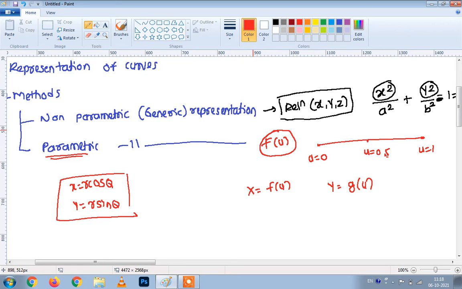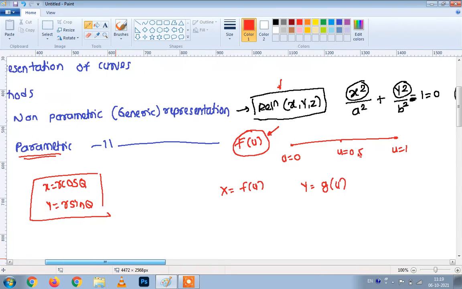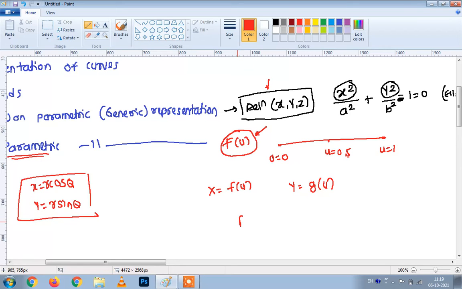Many times in the exam also, this comparison of parametric as well as non-parametric is asked. The basic comparisons are: first, in case of a non-parametric curve it is a relationship of x, y, z, and in case of a parametric curve it is represented by some independent parameter u. Second comparison, you can write that the non-parametric form of a curve is a function of x, y, z, but in case of a parametric equation it is represented as x is equal to f of u, y is equal to g of u, and you can write the examples that we have seen.